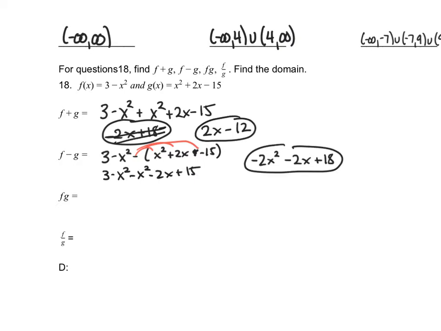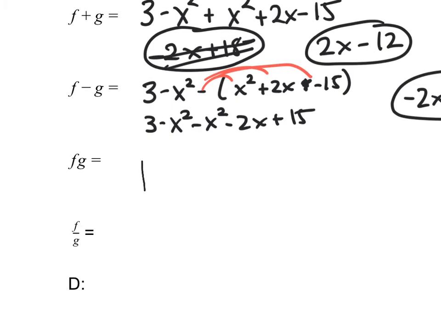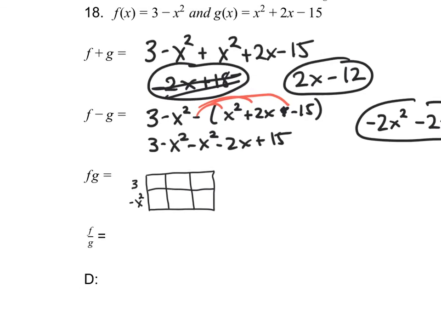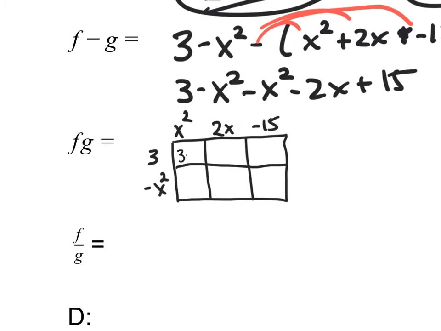F times g. I'm going to go ahead and make this big, and we're going to do a 2 by 3 box. So my f would be 3 minus x squared. My g is going to be x squared plus 2x minus 15. So this is going to be 3x squared, 6x, negative 45.